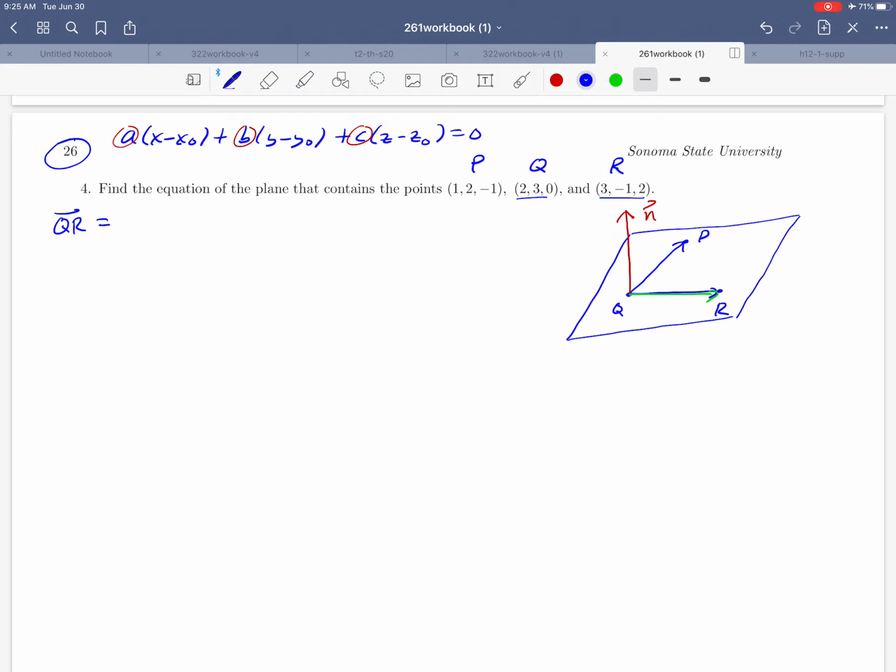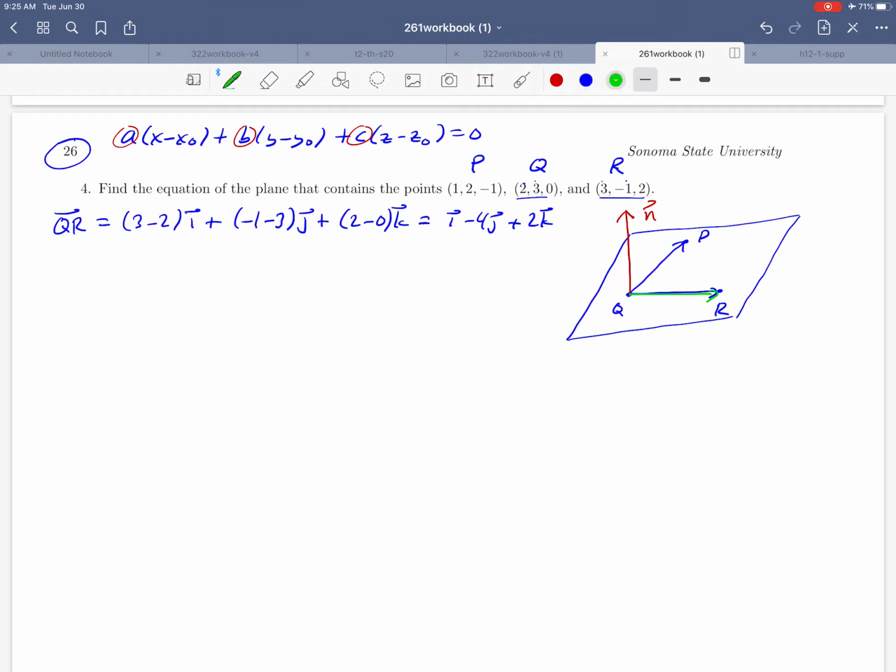If we go from 2 to 3, that's going to be 3 minus 2, i. Then we go from 3 to negative 1, so that's negative 1 minus 3, j, and so on. 2 minus 0, k. If we do the simplification, that works out to be i minus 4j plus 2k. There's the vector that takes us from Q to R.